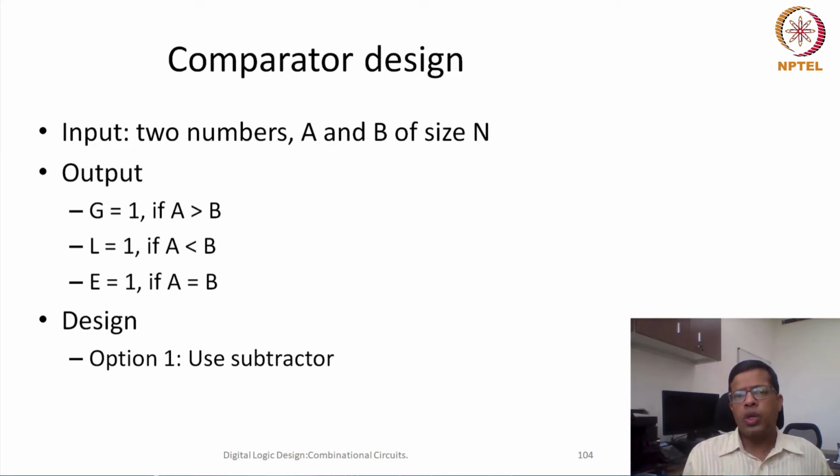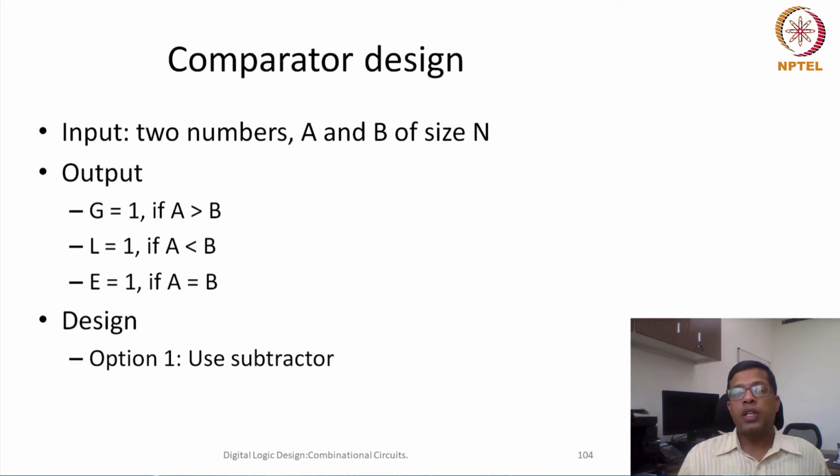When we compare two numbers A and B, there are three outputs. G means greater than: if A is more than B, then G is 1. If A is less than B, then L is 1. If A and B are equal, then E is 1. So there are three outputs, G, L and E.